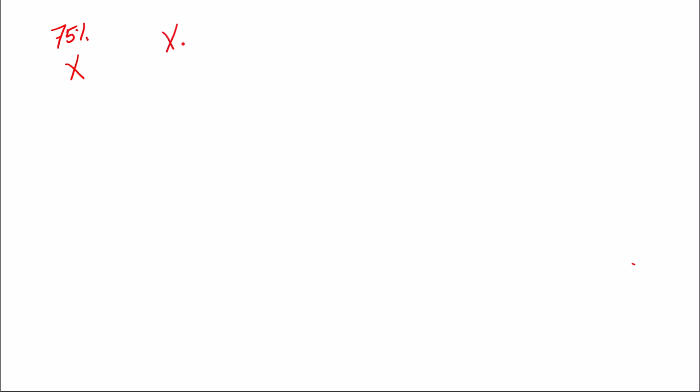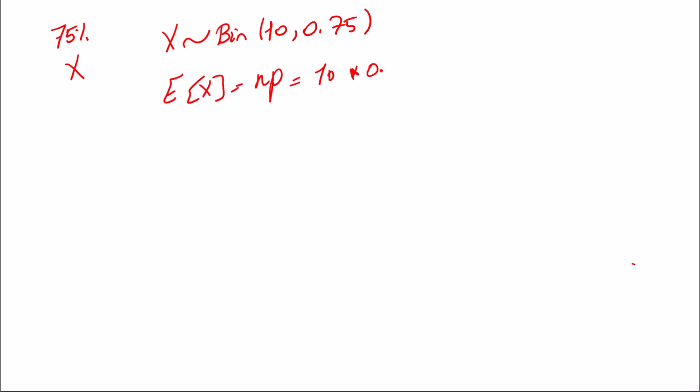So in here, our X follows binomial of 10 and 0.75. So we want to calculate the expected value. In here, expected value is equal to, based on the formula that we have, np, which is equal to 10 multiplied by 0.75, equal to 7.5.